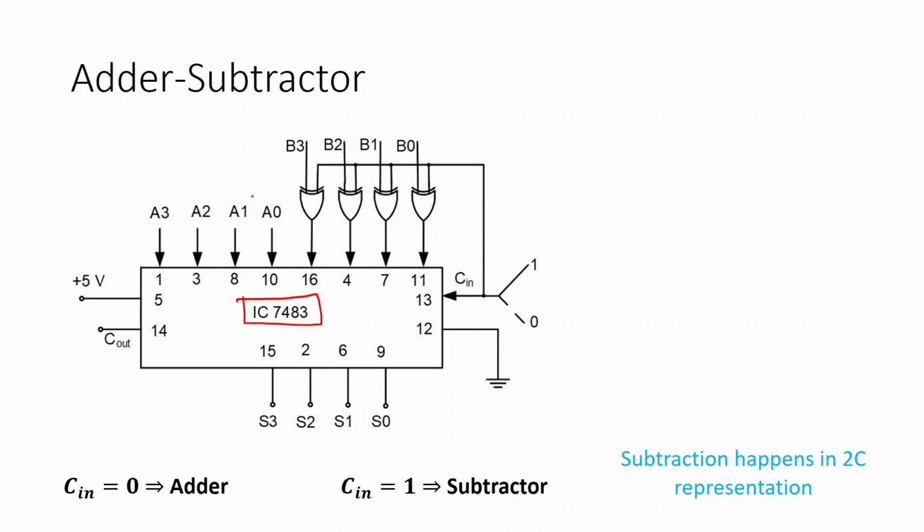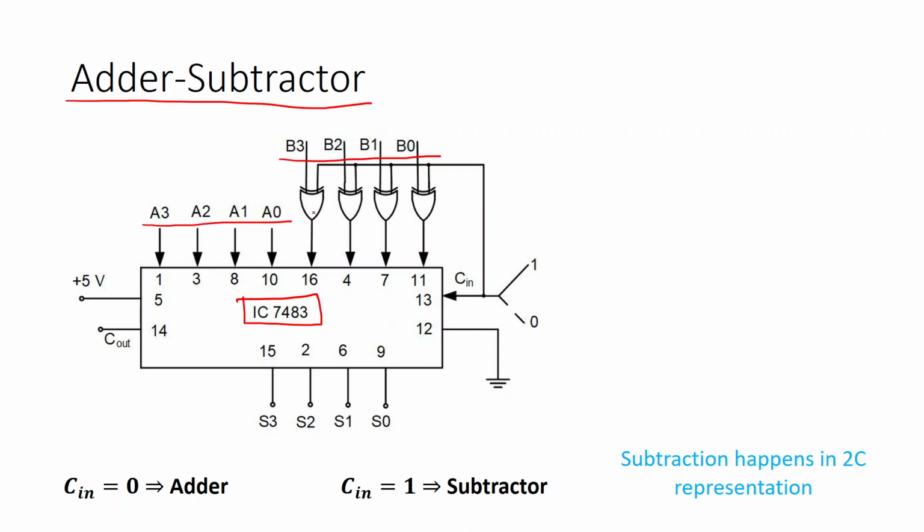So here you see one word is this, another word is this, and you need to add them. This is the Adder-Subtractor, which does both addition and subtraction operation.